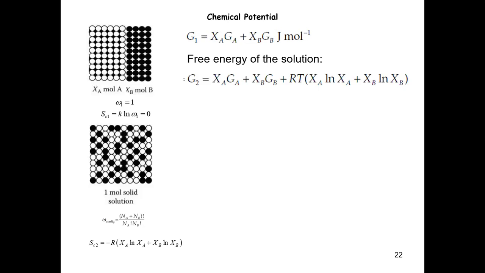And this is the final expression that we get from all the analysis. As you can see, we call this an ideal solution because the free energy has no contribution from the enthalpy terms. Basically, you can consider a scenario where the A and B atoms do not distinguish neighbors.